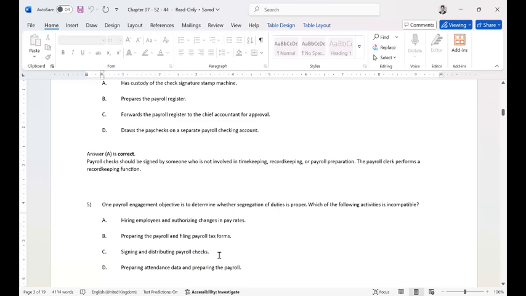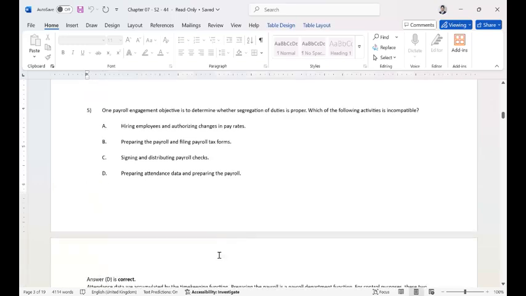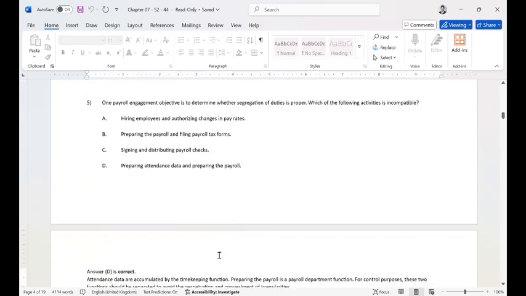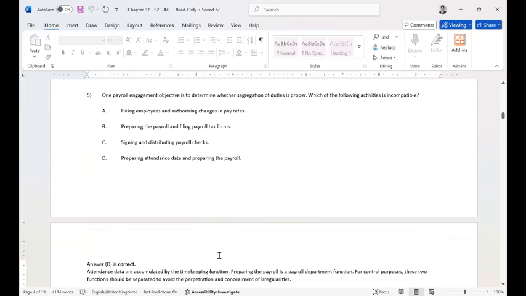Preparing attendance data and preparing the payroll. That is incompatible. Attendance data accumulated by the timekeeping functions. Yeah. Preparing attendance data. Okay. And preparing the payroll. So the attendance recording system must be separately done, and then that information is transferred to the person with the pay rates and the deductions and the leaves. Same person should not handle it. That's what they're saying. That makes sense.